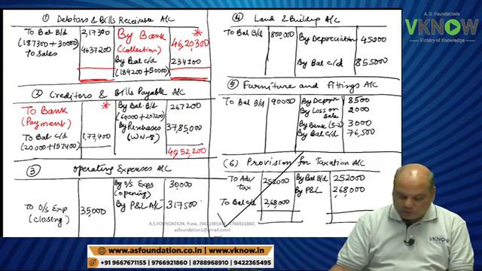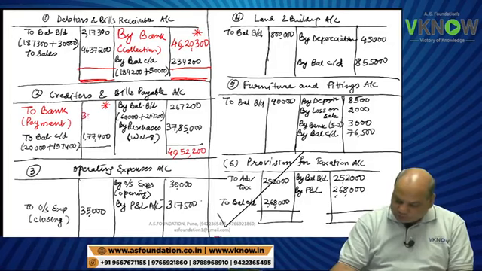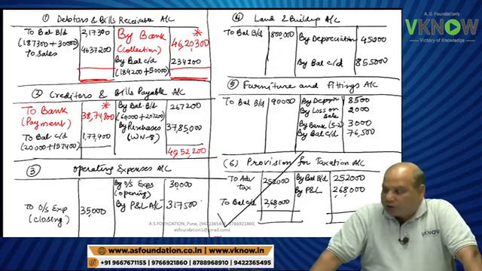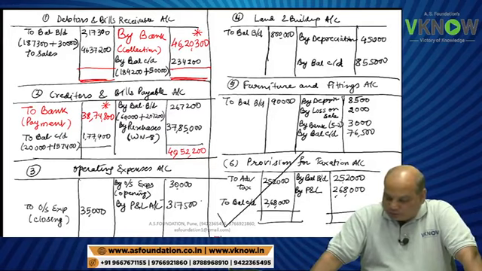So how much is payment to creditor? Tanya is right. 38 lakh 74,800 payment to creditors.